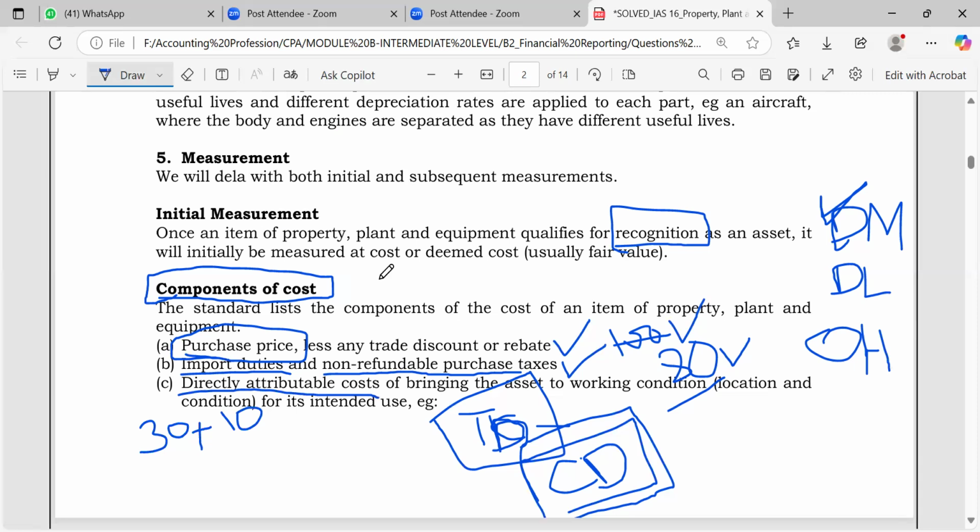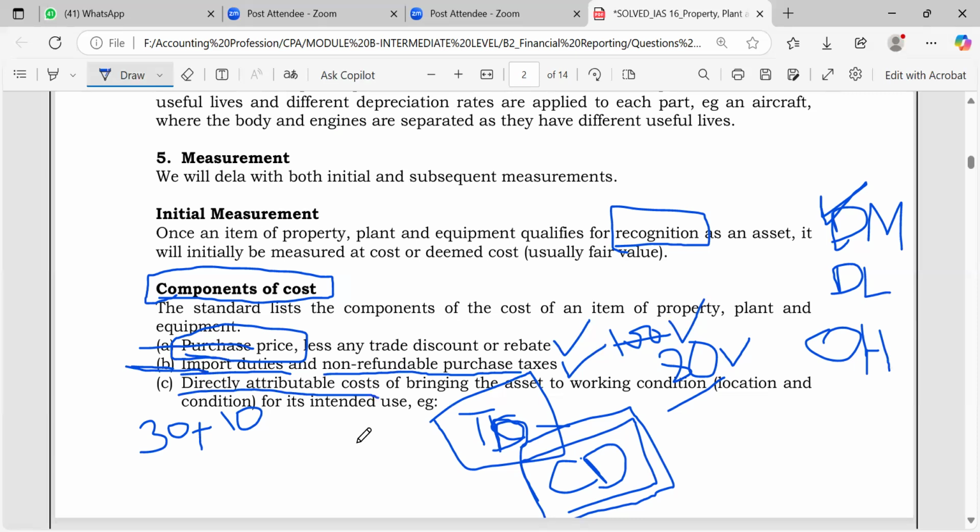At the port you pay the import duties, and then you have to take it from the port to your point of installation. So you could hire a vehicle to take it there. That includes the directly attributable cost of bringing the asset to working condition.